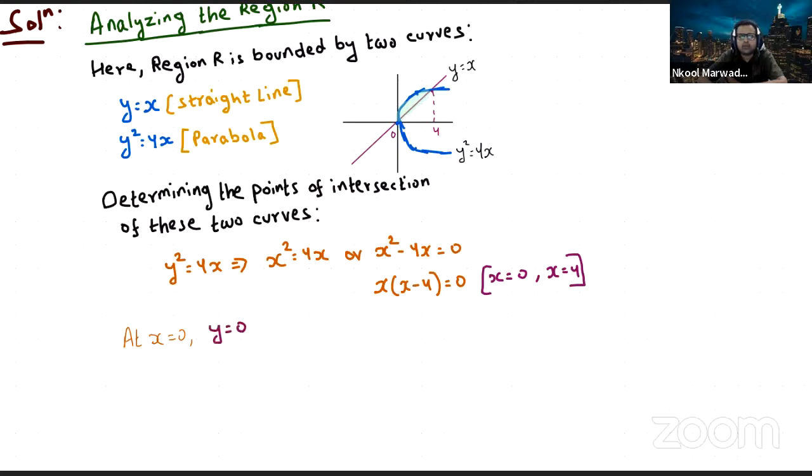Similarly, because y is equal to x, whatever is the x, y has to be that. At x is equal to 4, y is 4. So the point of intersection is (0, 0) and (4, 4).